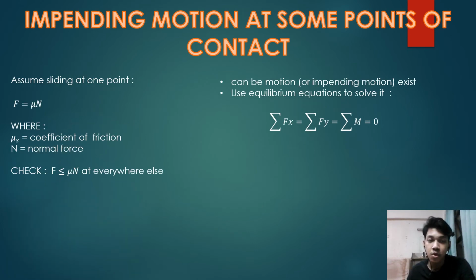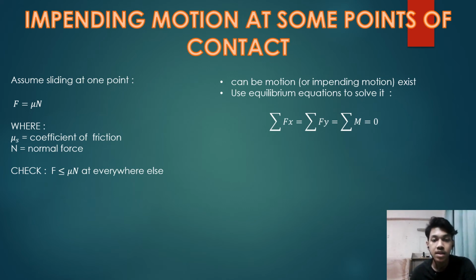The last problem for dry friction is impending motion at some point of contact. When we want to solve this kind of problem, we must assume that there is sliding at one point. So we must use the formula F equal to the coefficient of friction times the normal force.